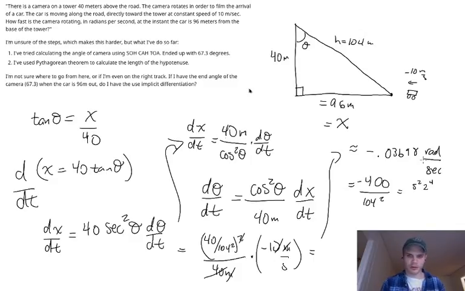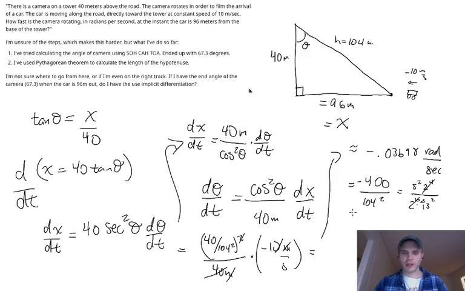Yeah, and then 104 squared is going to be 2 times 52, which is 2 squared times 26, which is 2 cubed times 13 squared, so that becomes 2 to the 6 times 13 squared.